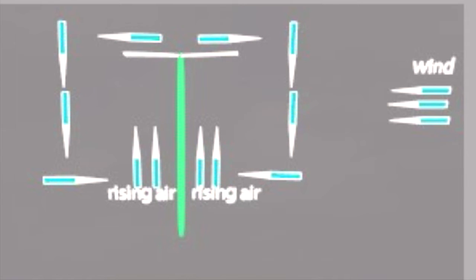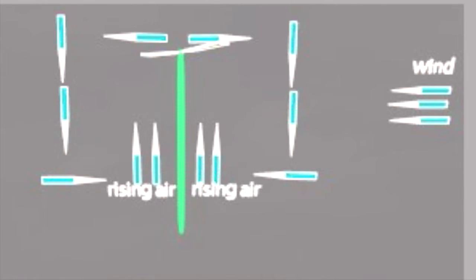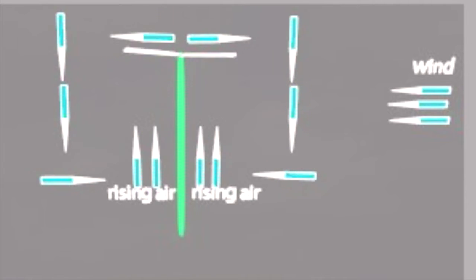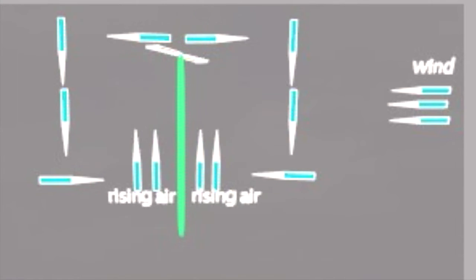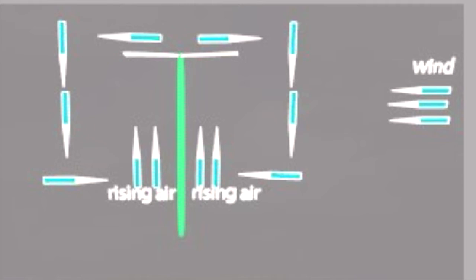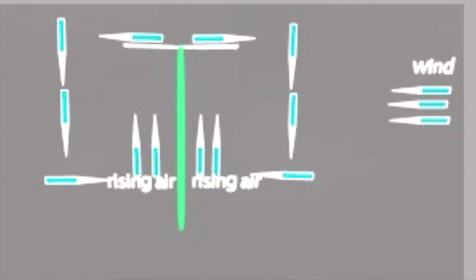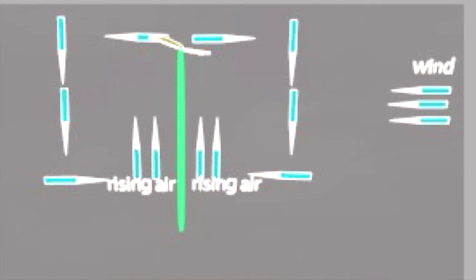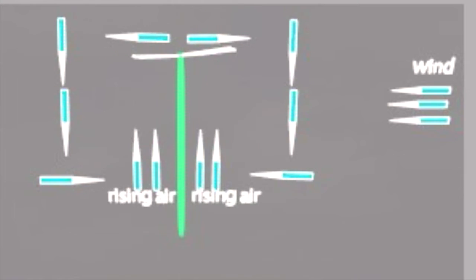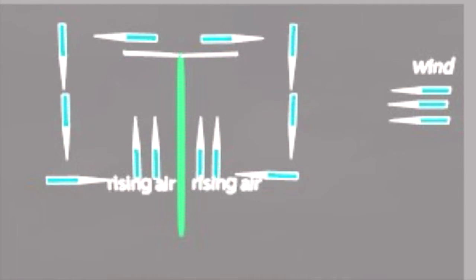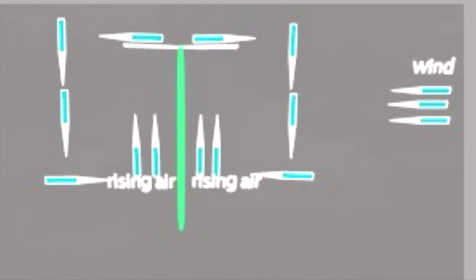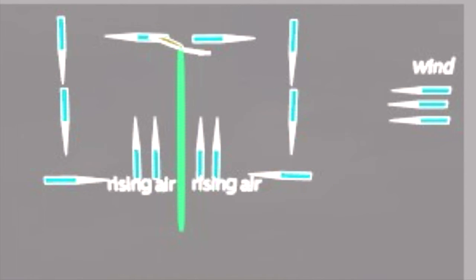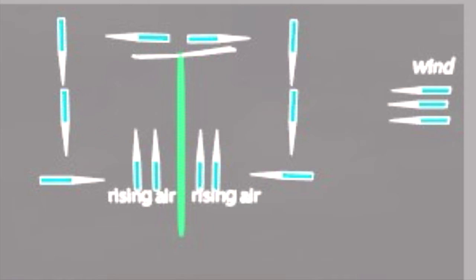So the air which gets pushed down rises up to refill that place, and when the air rises, it brings the hand helicopter up. Many of you will question why the air on the side does not refill the place.